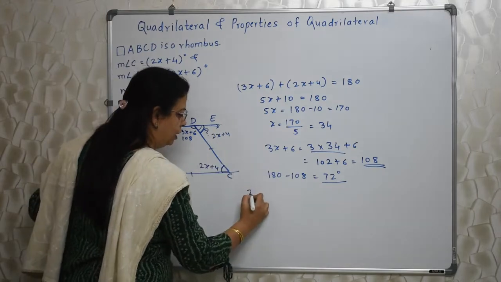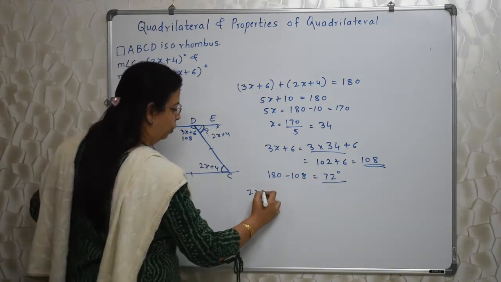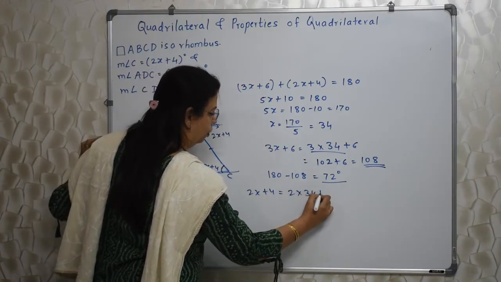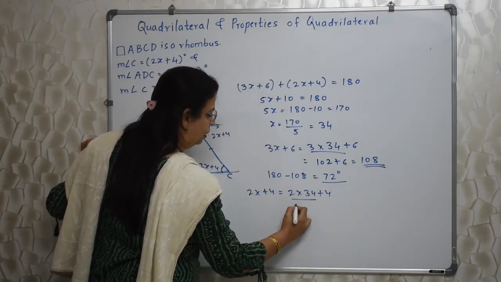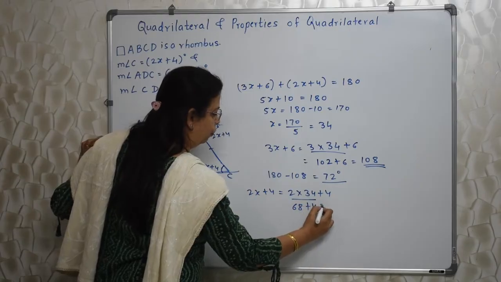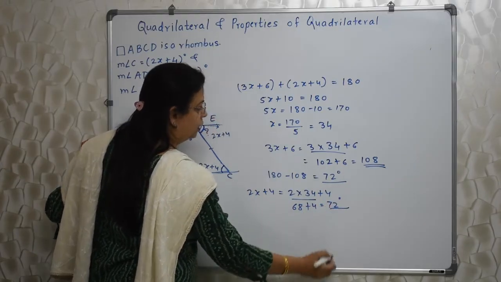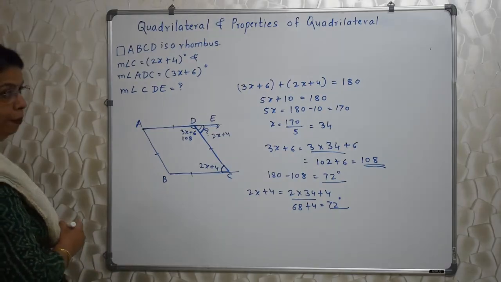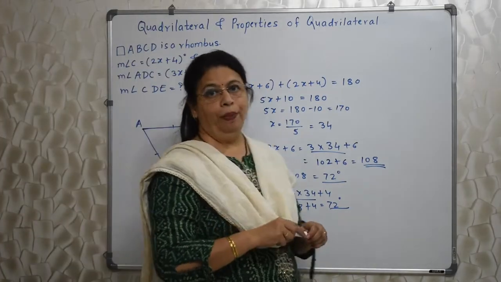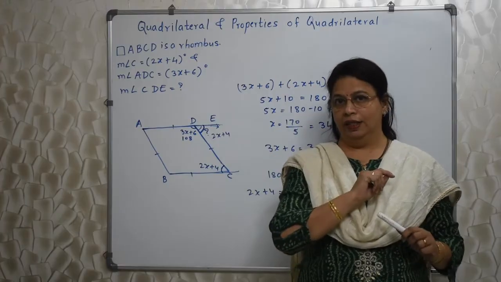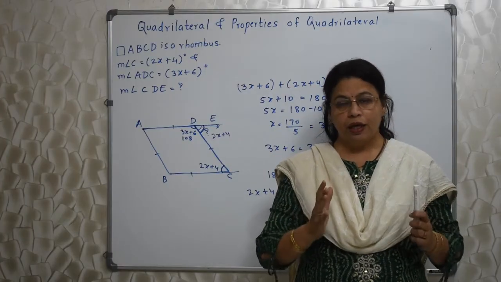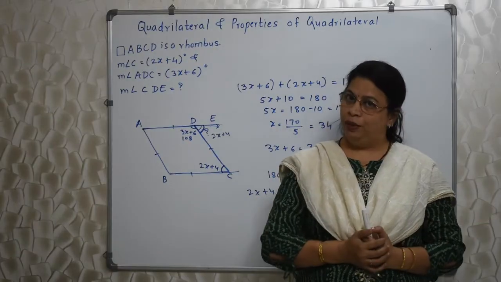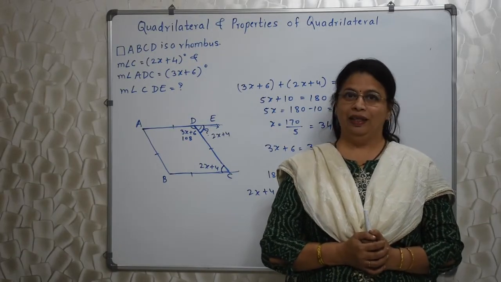So let's find out and see whether we are getting 72. 2 into 34 plus 4. BODMAS, 68 plus 4. See, the answer won't change whether you apply the property of linear pair of angles or the property of alternate angles. As long as your concepts are clear and you are applying them properly, your answer has to be correct, right? Let's move ahead.